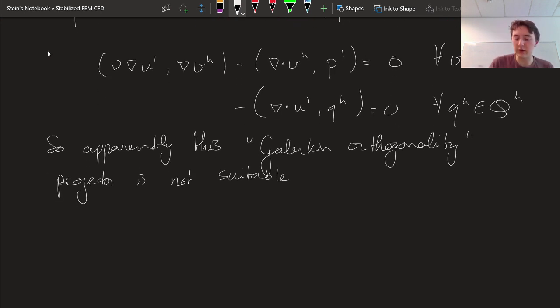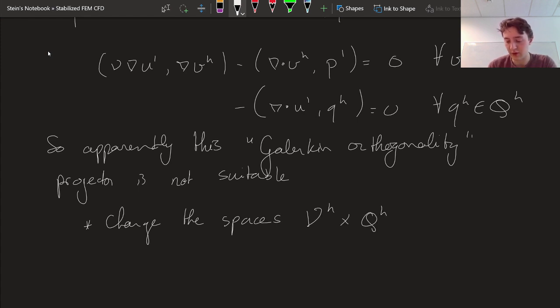So we have two ways of trying to solve this problem now. We either change the spaces VH cross QH, or we change the spaces V prime cross Q prime.